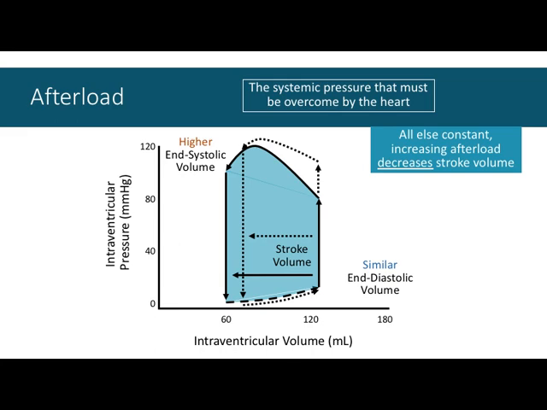This should happen during exercise. We have a higher mean arterial pressure. Afterload is higher. Yet, we observe an increase in cardiac output. We observe and can calculate an increase in stroke volume. We can observe those at the whole body level.